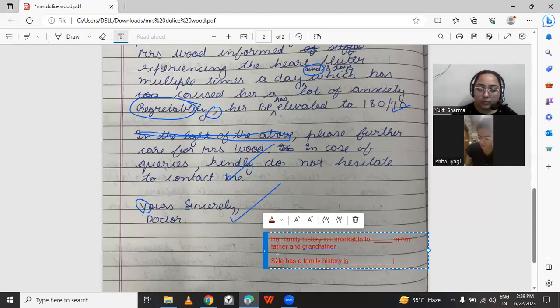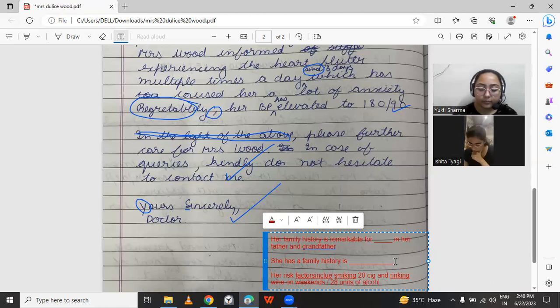Okay. And the same goes for alcohol and smoking. How is the grammar going to be there? If she has a history that is relevant, then you can say her risk factors include smoking 20 cigarettes per day and drinking wine on weekends, or drinking 28 units of alcohol per week.